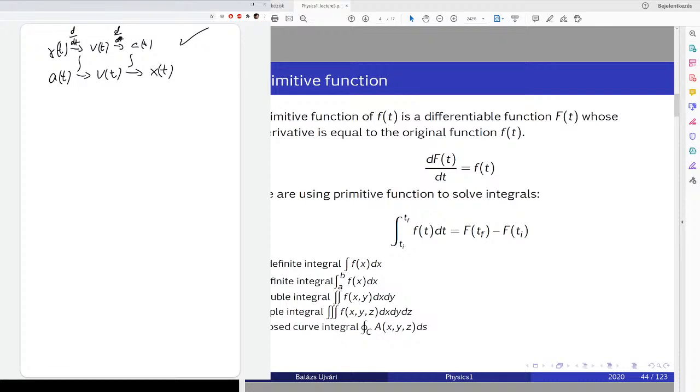Why? Because we have forces, and in this lesson we will learn about it, if you divide the force by the mass, you get the acceleration. If we have the acceleration, we can go through this chain by integrating 2 times, and at the end you can get the path of the particle.